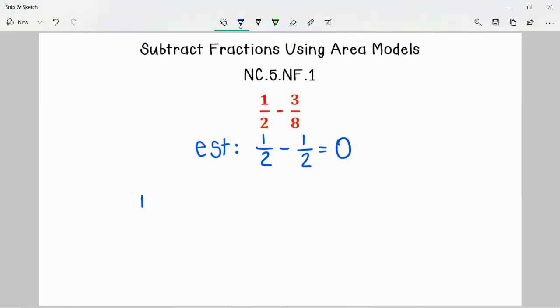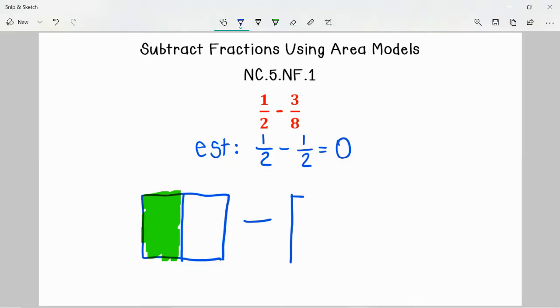So let's create a model to represent 1/2. So we'll shade in 1/2 in this area model. And now we know what we need to subtract from this is 3/8.